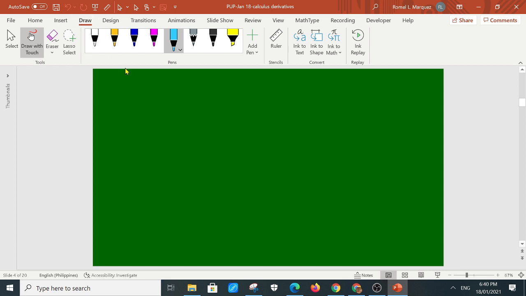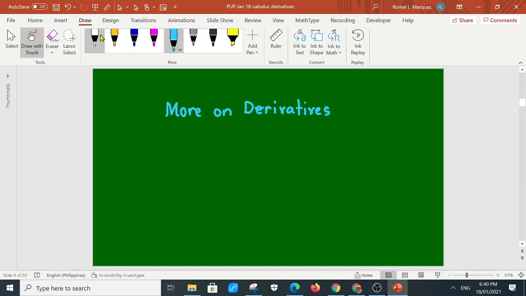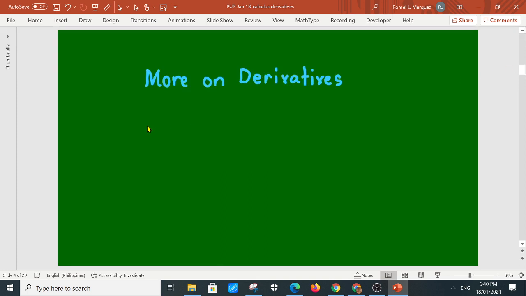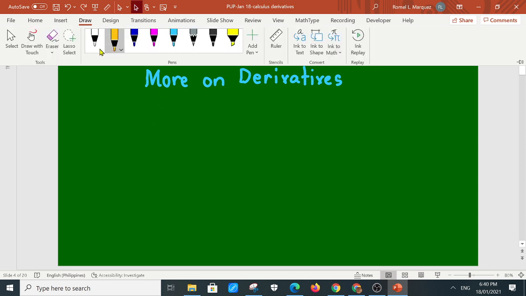Talking about implicit differentiation, we had already covered higher order derivatives, and we're going to continue with more examples.